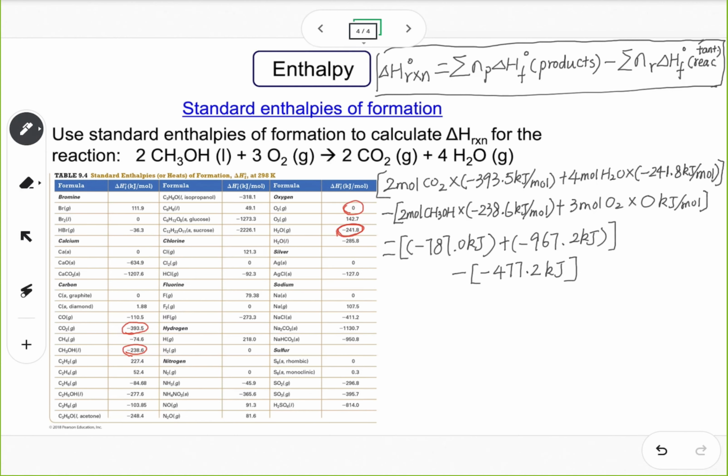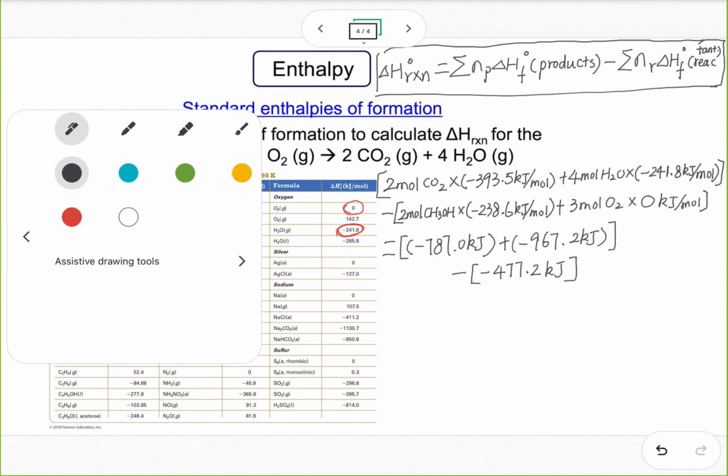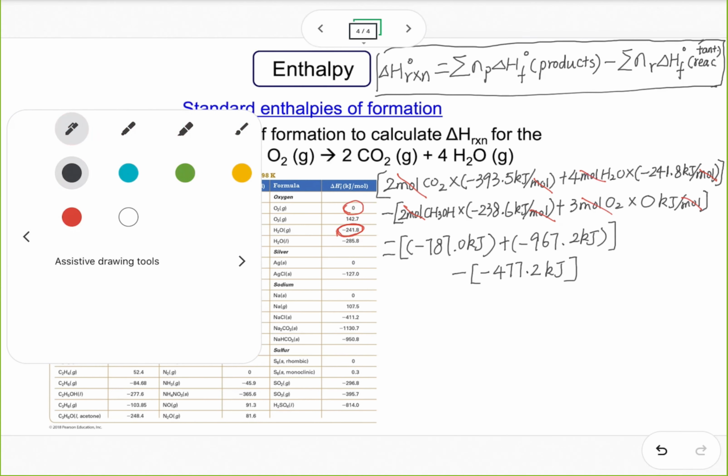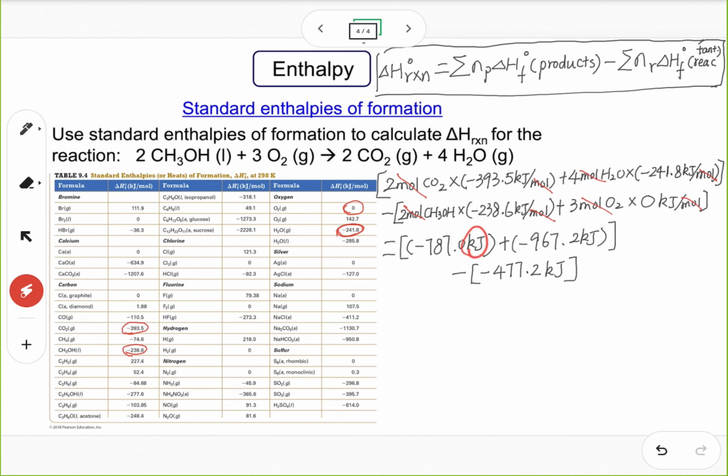Okay, pay attention to the units. Well, here the mole has been cancelled. Why don't I just cancel them. Okay, cancel. All right, so that's why we have kilojoule only when we got here.